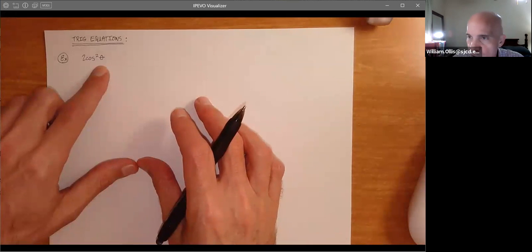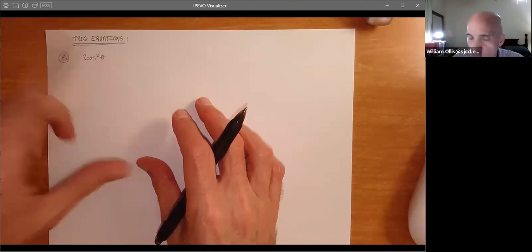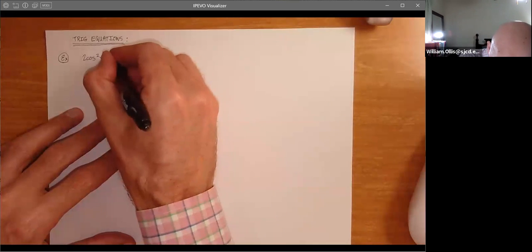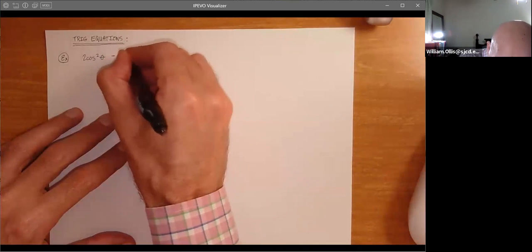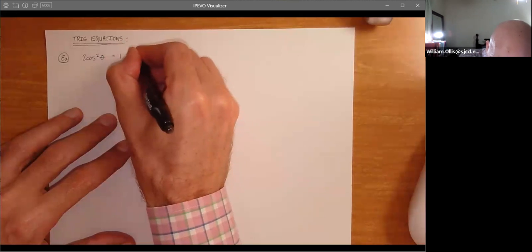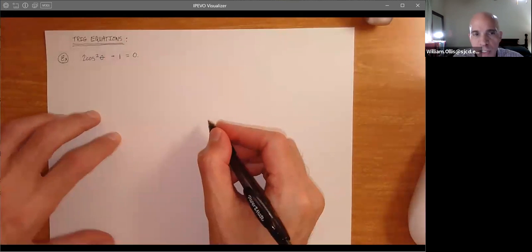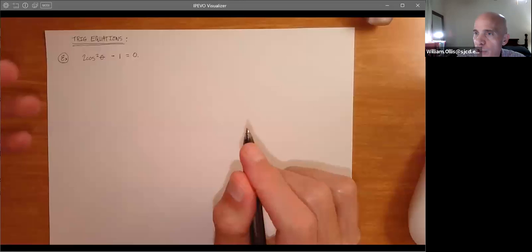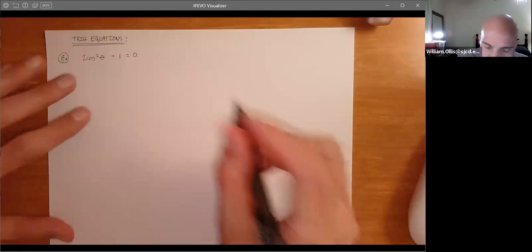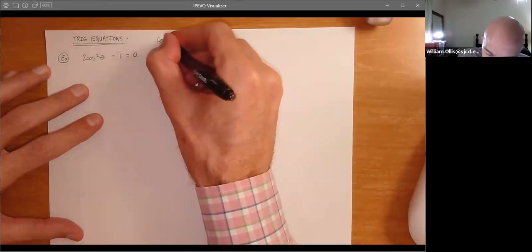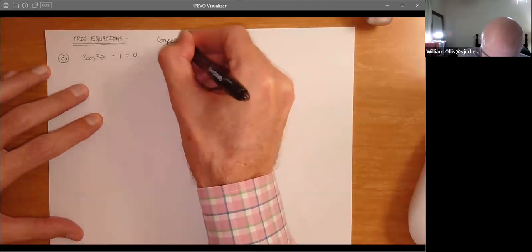So again, just stick with whatever there is here. But if you're making your own problem, you can use any variable you like. So we saw on the last test that we can solve very simple equations, maybe in a particular interval. And so what we want to do in this case is compute all solutions.